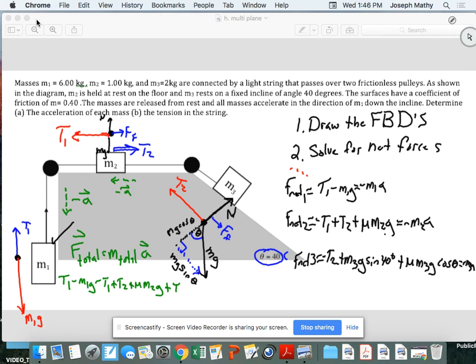Sorry, I didn't see the minus there. Minus T2 plus M3G sine 40 degrees plus mu M3G cosine 40 degrees.